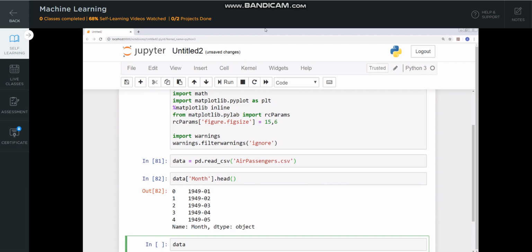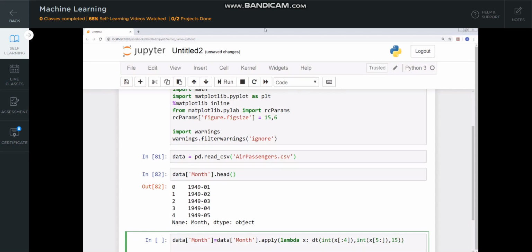Let's display the total monthly passenger count, using the lambda function to filter month, plot, setting the index to month.